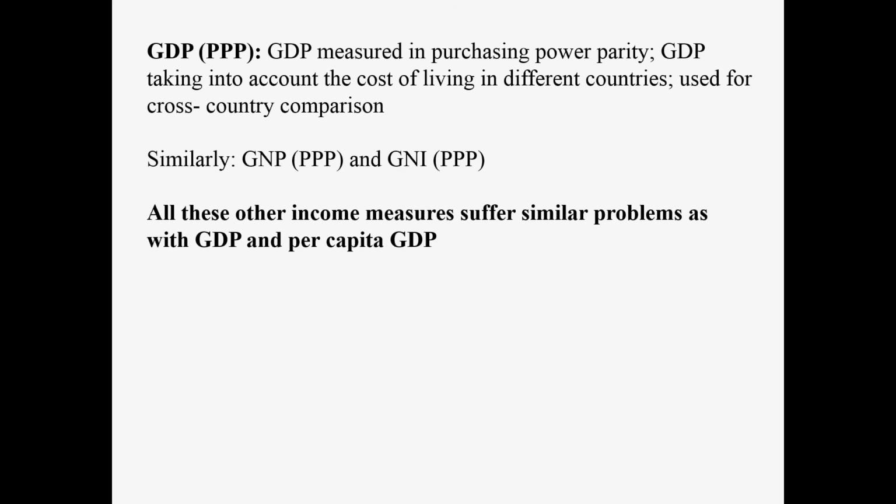GDP, PPP does not really show the actual amount of income that everyone in the country actually makes. So these are all the problems when we use those income measures to measure the level of development.